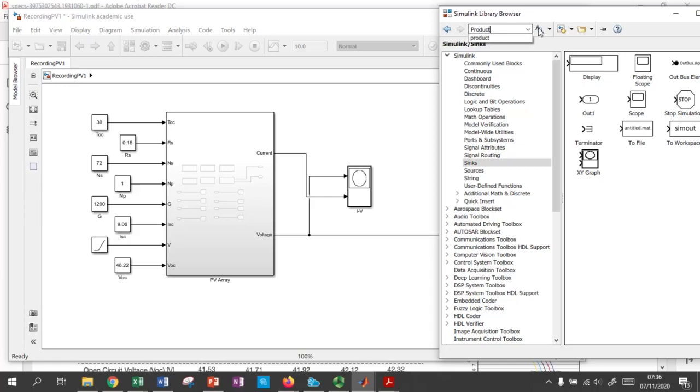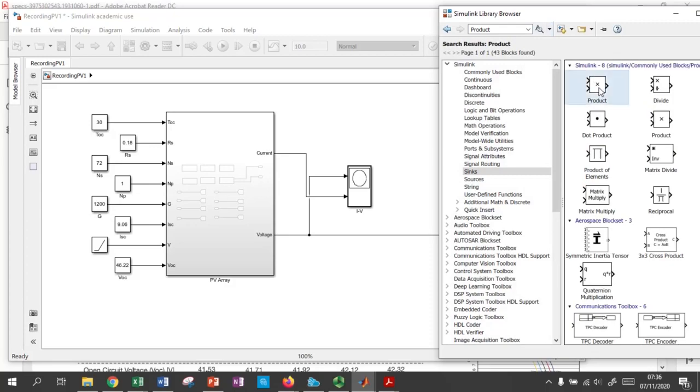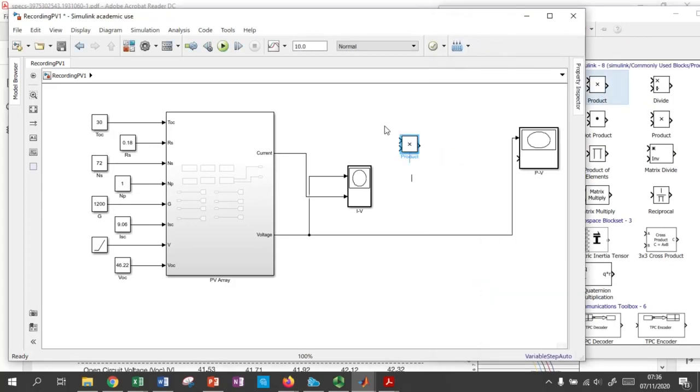Then the product is available here, voltage times current. It becomes the product, it's a power, then we'll give it to this one.